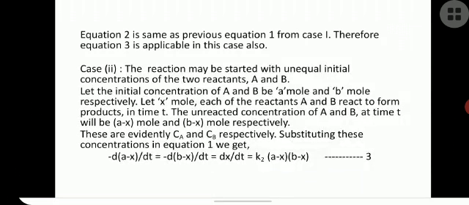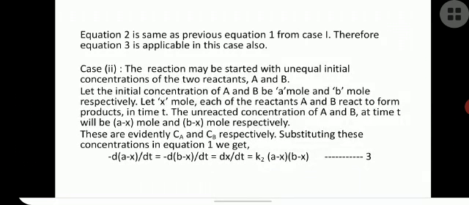Let x mole each of the reactants A and B react to form product at time t. The unreacted concentrations of A and B at time t will be a − x mole and b − x mole respectively. These are evidently Ca and Cb respectively.